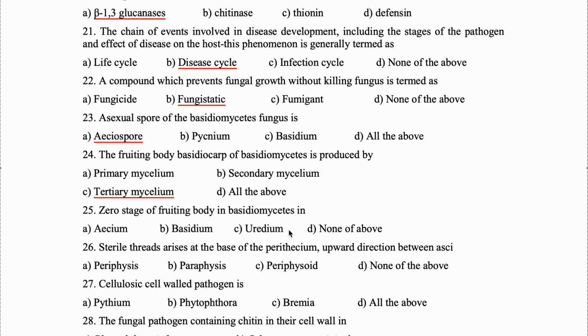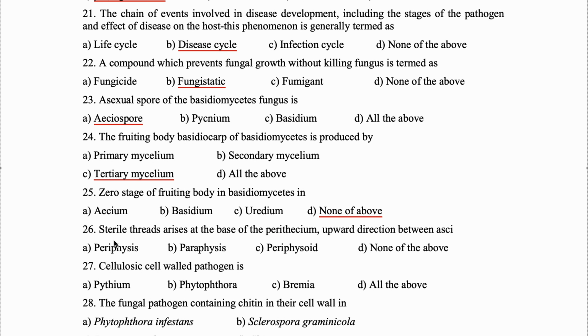Why do these stages start from 0? We have a different story for that. We will cover it in a separate video. But the 0 stage is actually pycnospore, which is not in any of the options. So it will be none of the above.